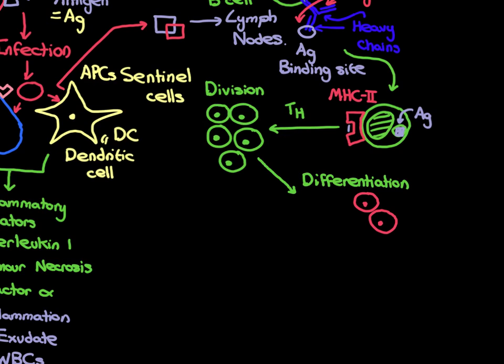So let's have 2 here, differentiating into memory B cells. These 2 are going to be memory B cells. And again, the purpose of these is exactly the same as the purpose of the memory CD4 positive T cells. They are to replace the original naive one. So they will go up here and replace the original naive one.